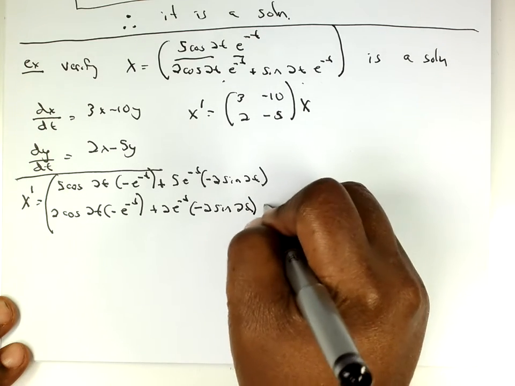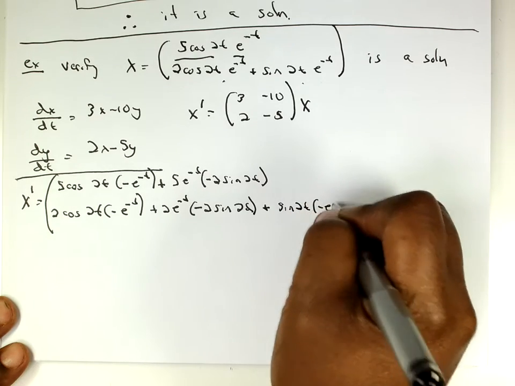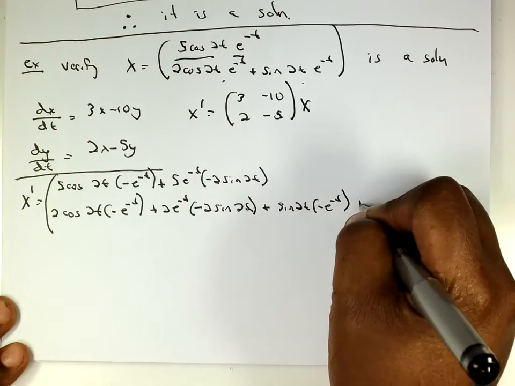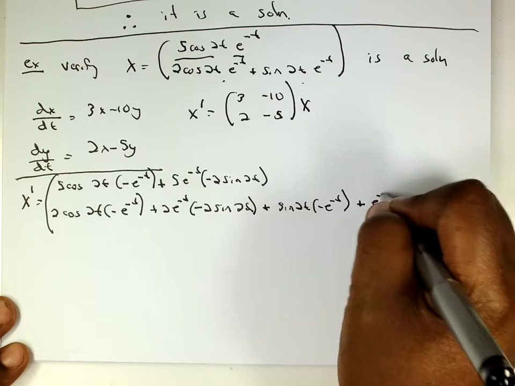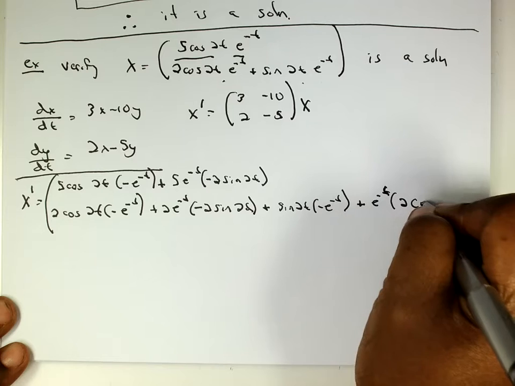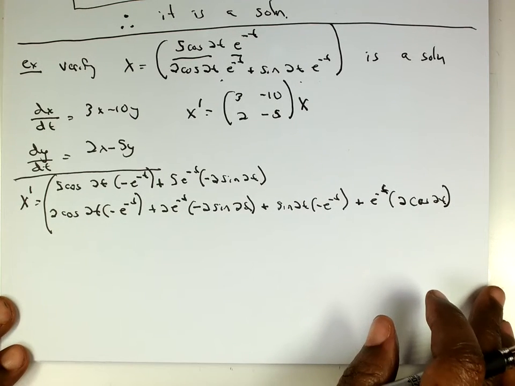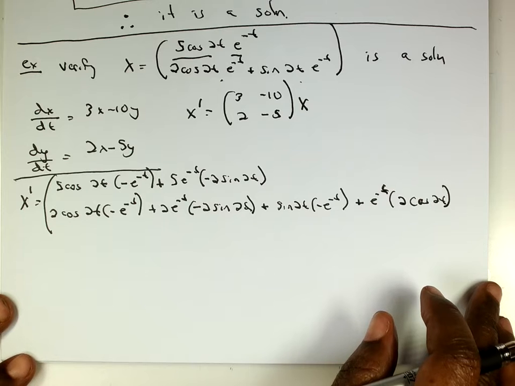And then for the second term, I have sine 2t times negative e to the negative t plus e to the negative t times 2 cosine 2t. That is a lot just for that derivative, right?